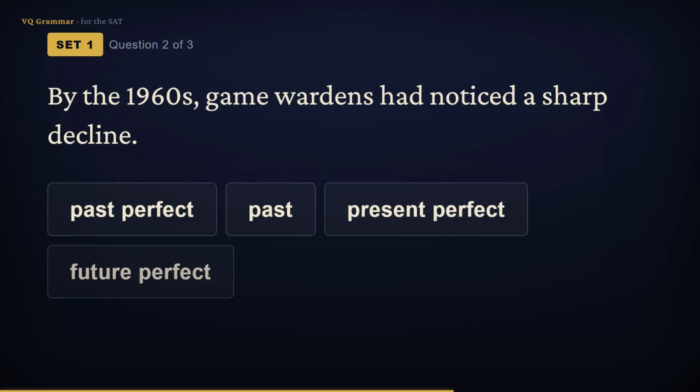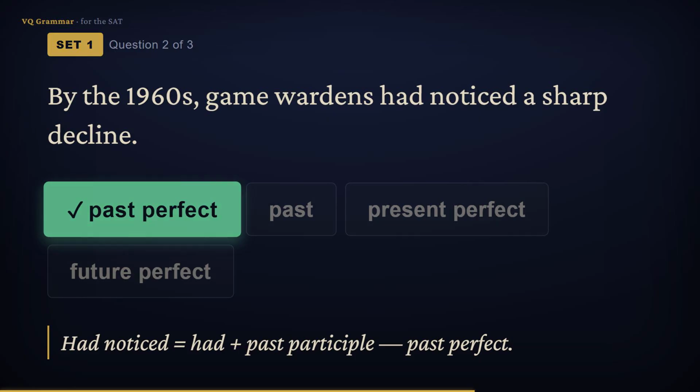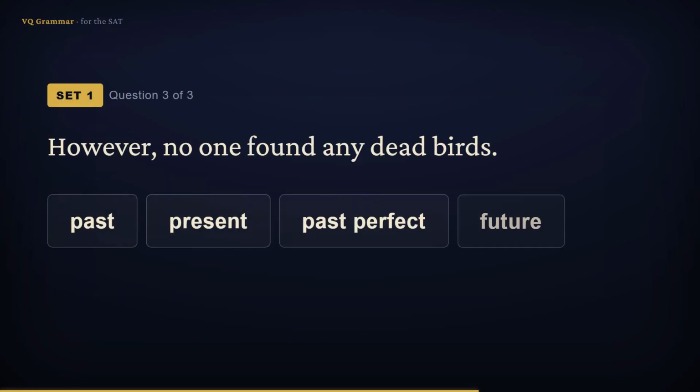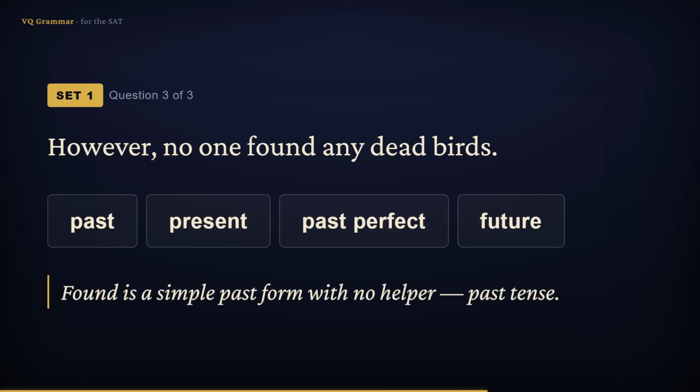By the 1960s, game wardens had noticed a sharp decline. Had noticed uses had plus a past participle, so it's past perfect. However, no one found any dead birds. Found is a simple past form with no helper, so it's past tense.